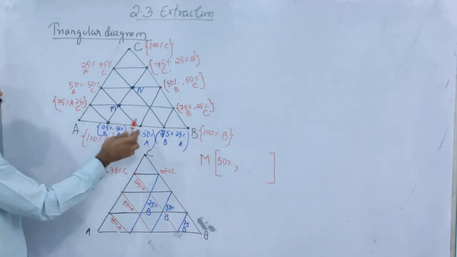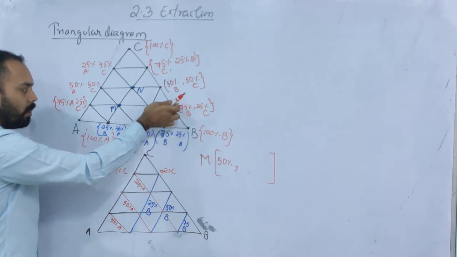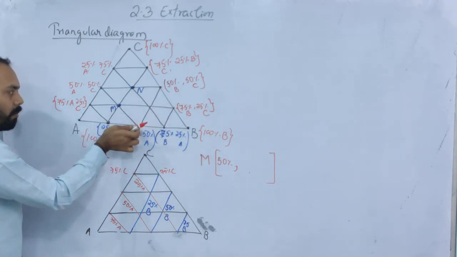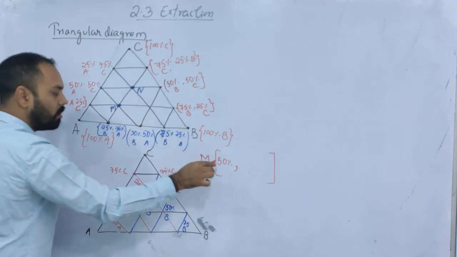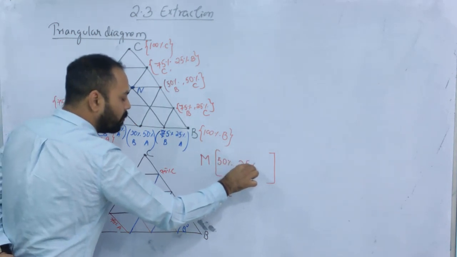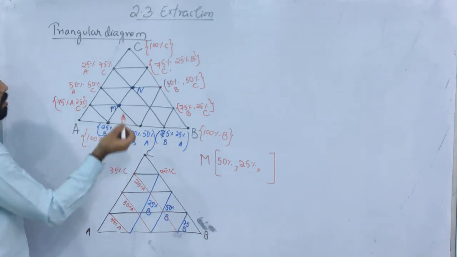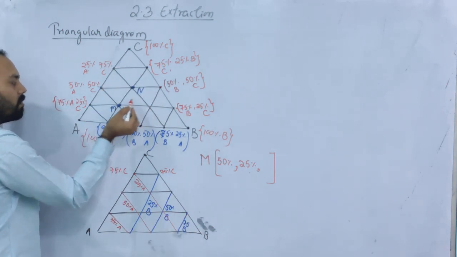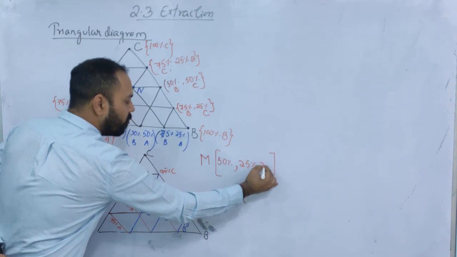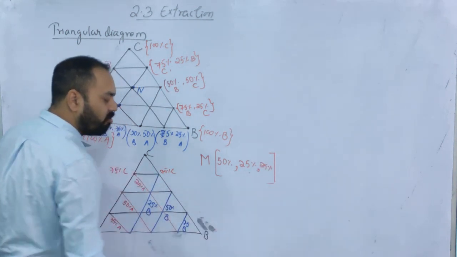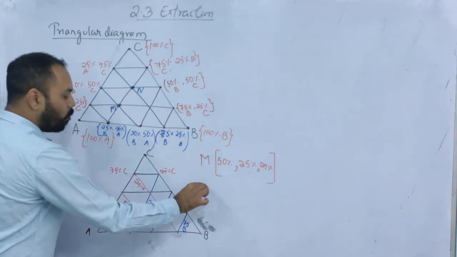Clear? Now let us talk about B. This is 100% B, 75B, 50B, and what is this? 25% B. So it must be 25% B. Now you can directly write that C is 25%, or let us check also 75C, 50C, 25C. So 25% C. That is the composition of point M. Similarly, point N.